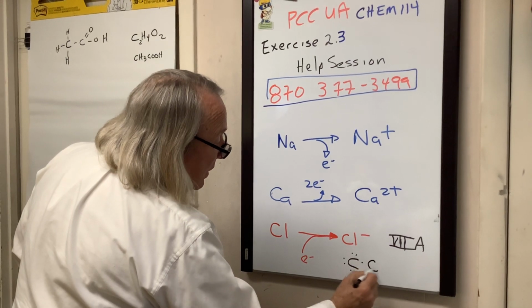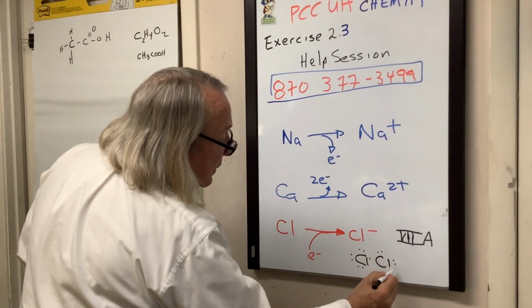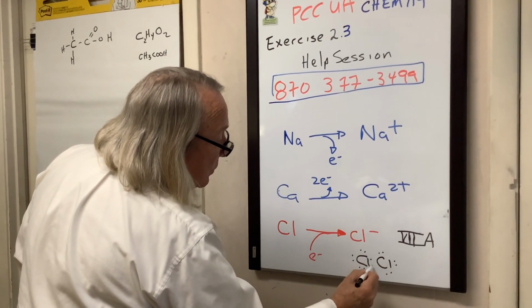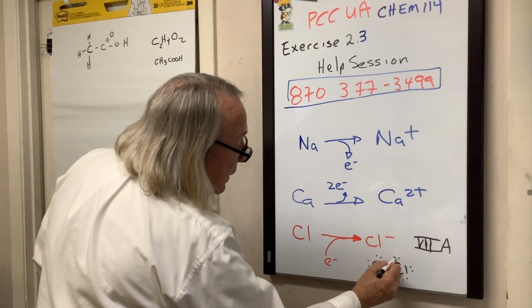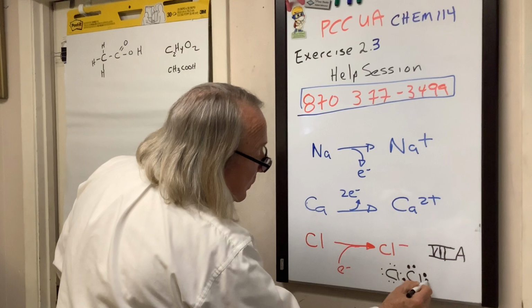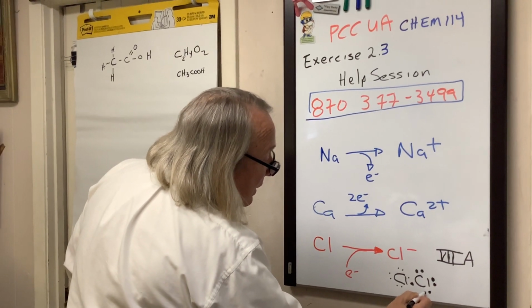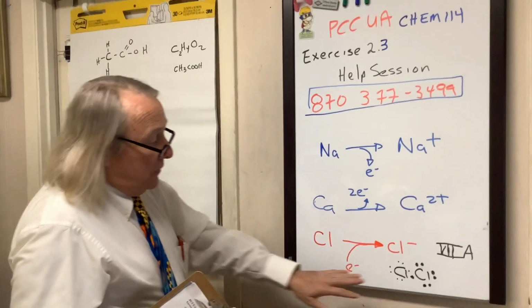And chlorine. Each one of these has 7 electrons, and the way this works is these go with this one, and these 7 with the other. Each of them has 7. Instead of doing a transfer, they say, look, I have 7.